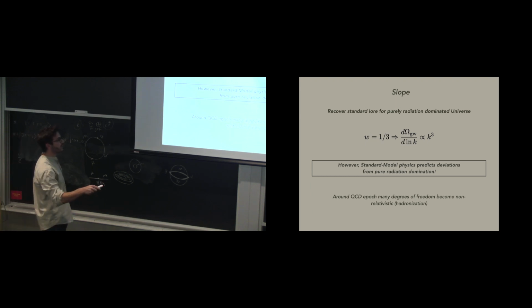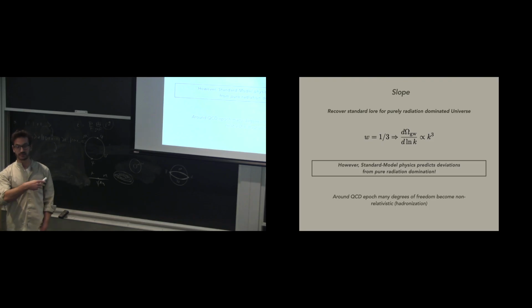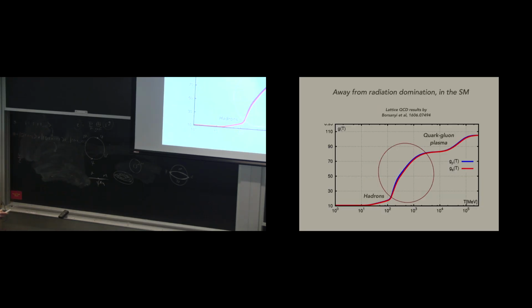But the point I want to make here is that the standard model, at the frequencies that are relevant for pulsar timing arrays, actually predicts a deviation from radiation domination. This we know because of the QCD crossover. In particular, around the QCD epoch, there are many degrees of freedom that become non-relativistic, and this leads to a sharp drop in the number of relativistic degrees of freedom.